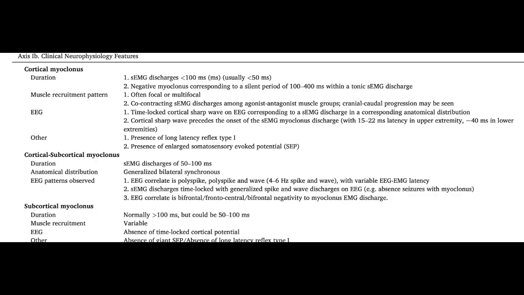Before discussing pros and cons, I would like to highlight two aspects. One is the inclusion of the cortical-subcortical myoclonus category, which is novel compared to our previous practice, and this generated some interesting debate.